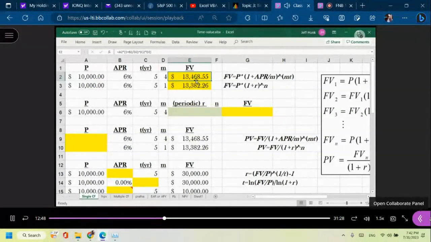And so this gives you a new realization. Although all the input data are the same, the higher the compounding frequency, the higher the future value, because more frequent compounding results in a greater final result.